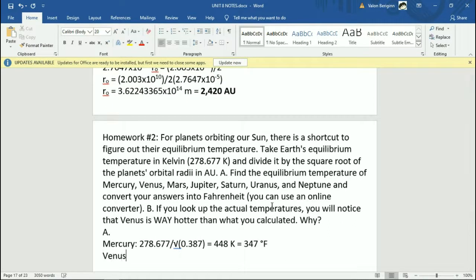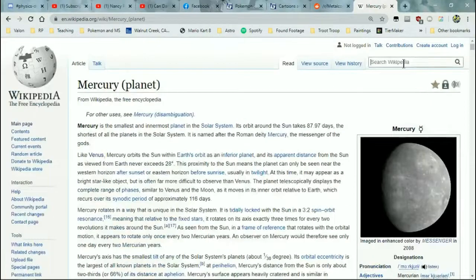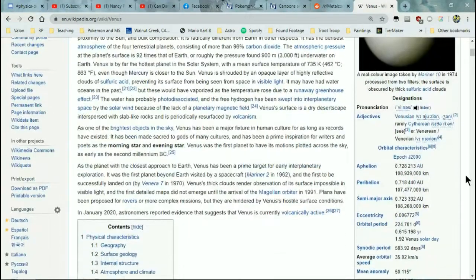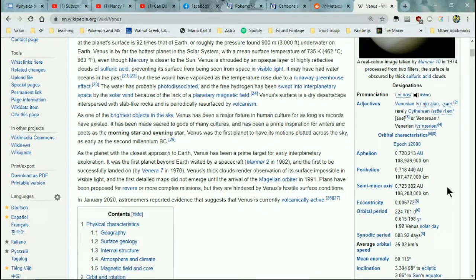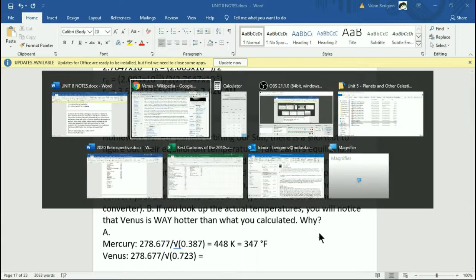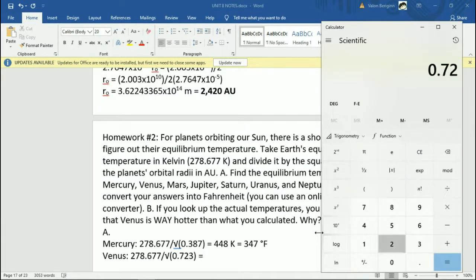Okay, Venus is going to be 278.677 divided by the square root of 0.723.